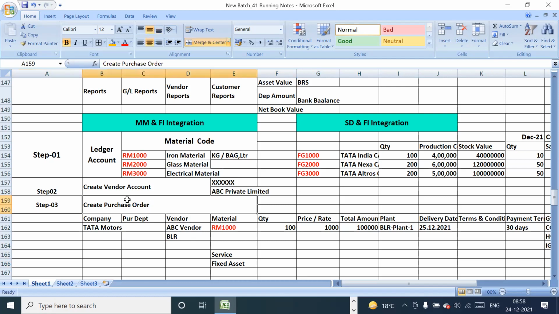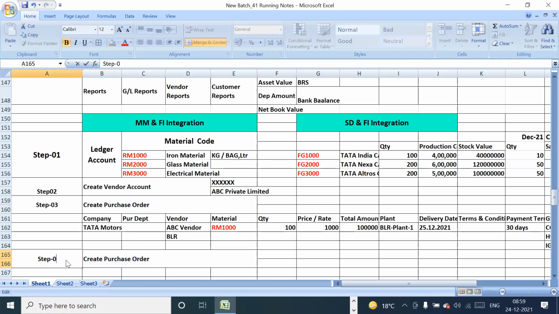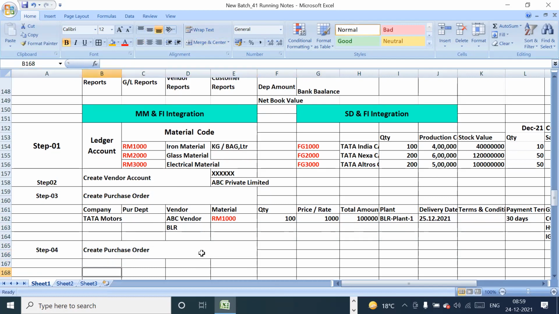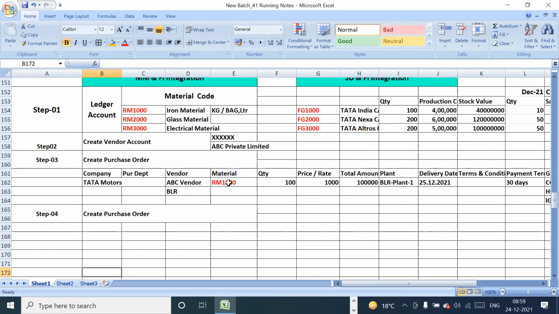So create purchase order. Here we are going to specify all the key information. Then I have given the order to my vendor. So then what is the vendor going to do? The vendor is going to supply the materials, right? Whatever material I have ordered, the vendor is going to supply.